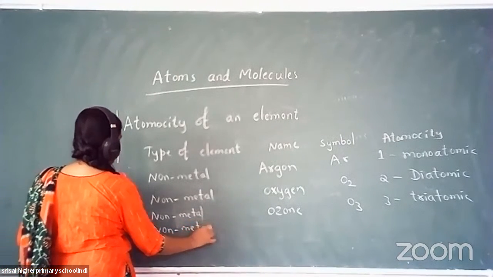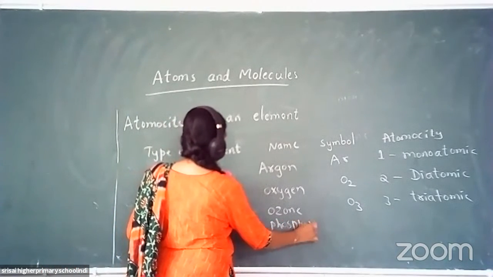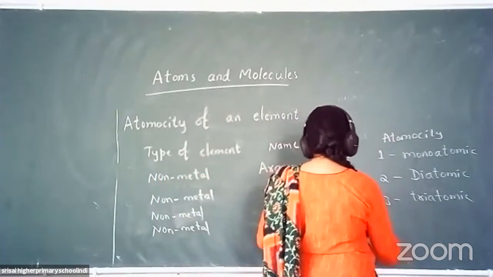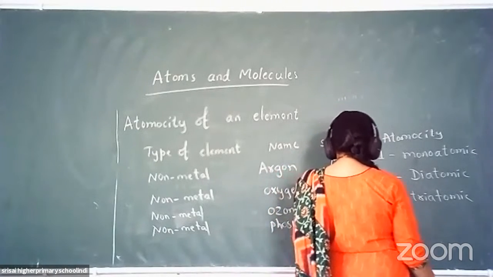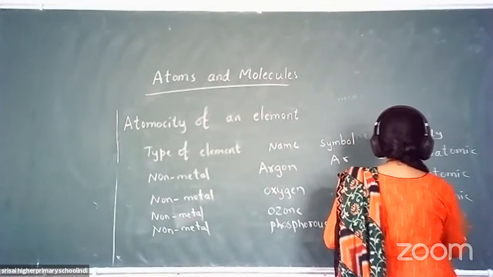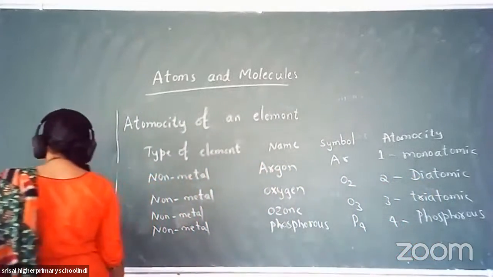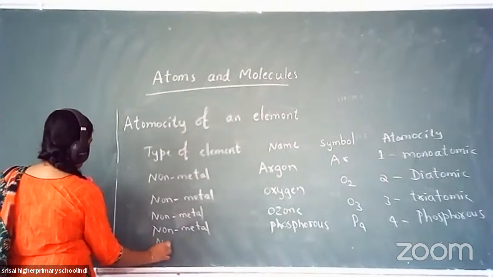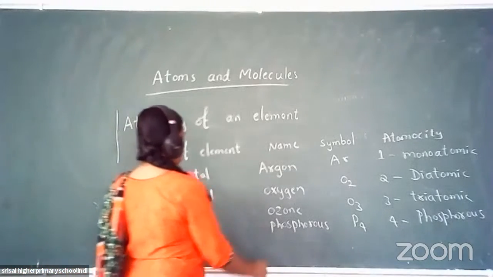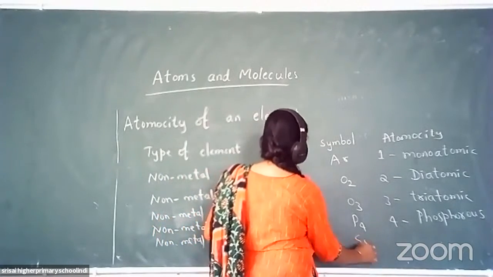Non-metal, phosphorus, P4. 4 means what is this? 4 phosphorus atoms. Non-metal, sulfur, S8.